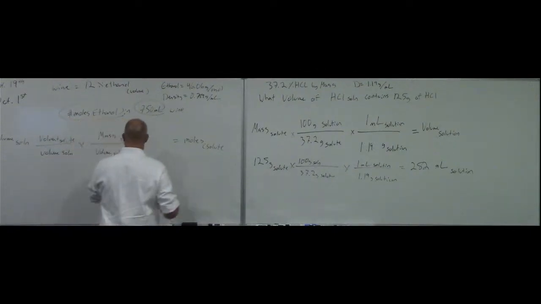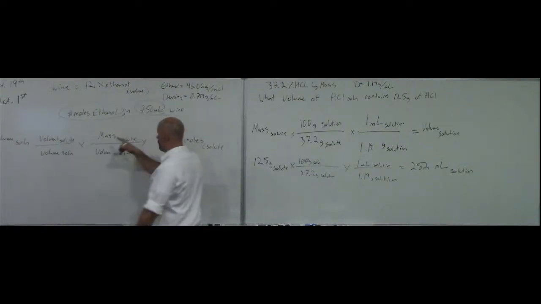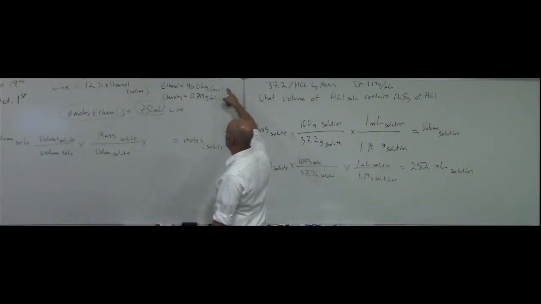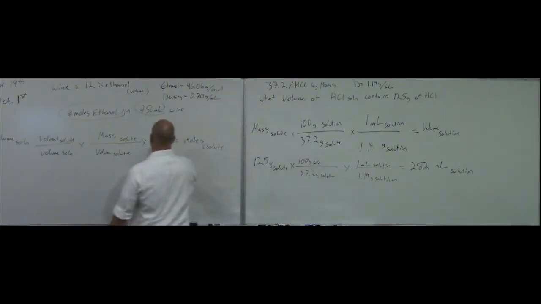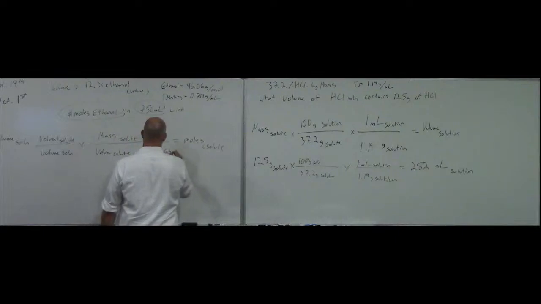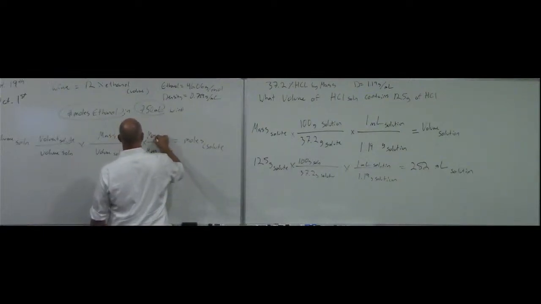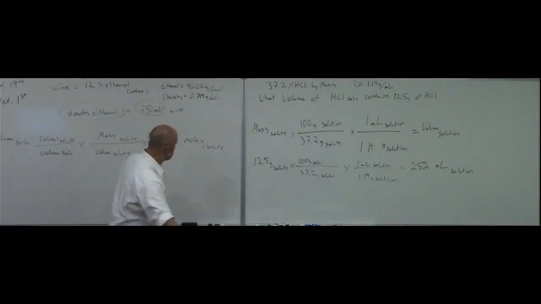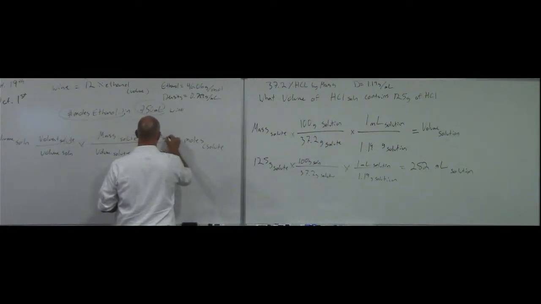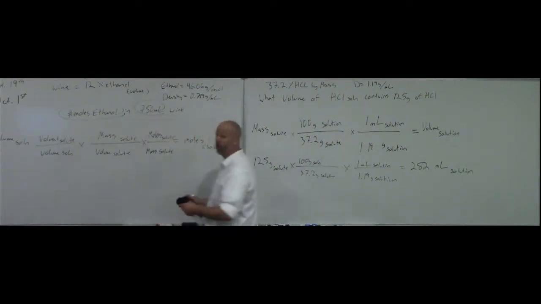Okay? And then I need to have one more conversion, right? If I have the mass of the solute, I can get to the number of moles of solute by converting by that. I've got mass of solute on bottom, and I can put the moles of solute on top. That will get me moles of solute, right?